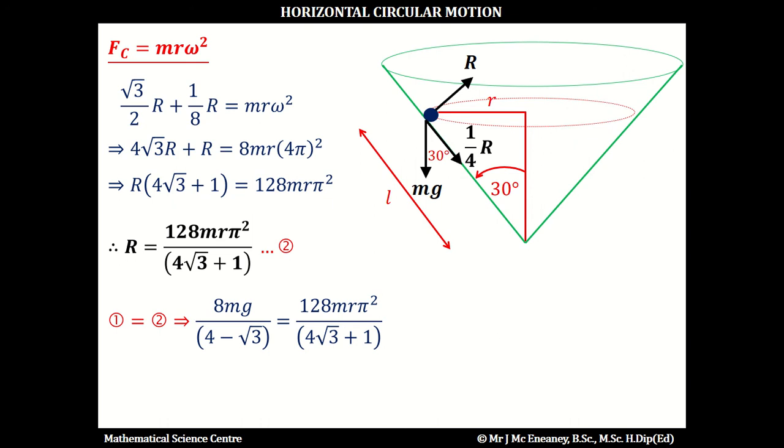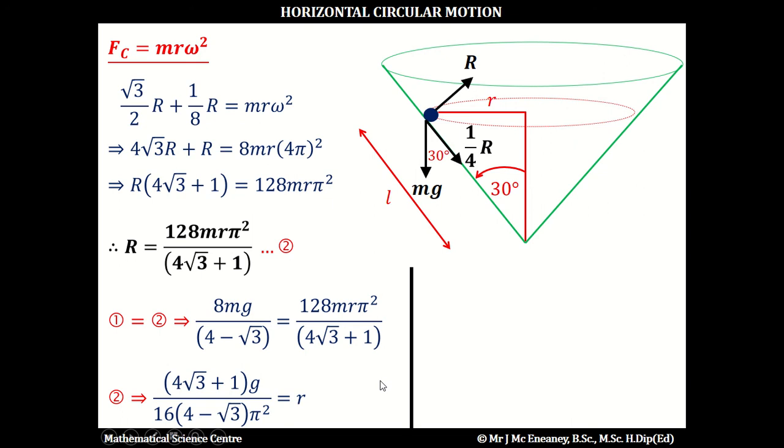So we're going to get r on its own. We bring the 16π² across, and that'll go on the bottom. (4√3 + 1), we'll bring that across and multiply. So you're left with (4√3 + 1) times g over 16(4 - √3)π² equals r.